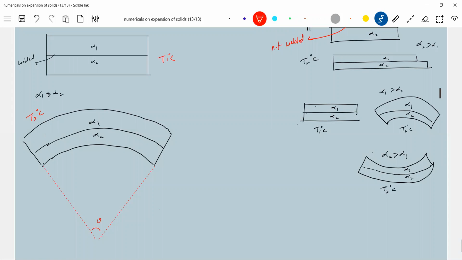This is called like a bimetallic strip. Very useful in applications. Of course, we don't go for application much. What is the question? Find the radius of curvature. Are you seeing any curvature for that?